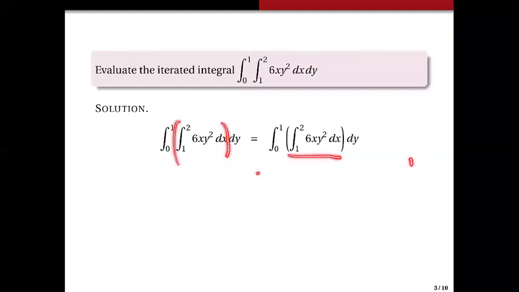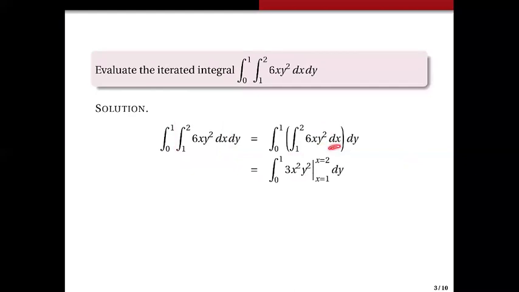If we integrate, we will have 3x squared y squared. Of course, the integral with respect to x gives x squared over 2, but you have 6 in here, so that's your 3, and your y squared is held constant, so it remains as y squared.